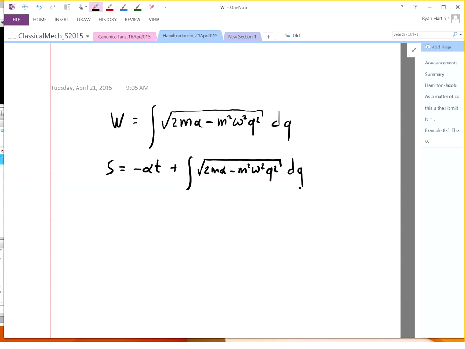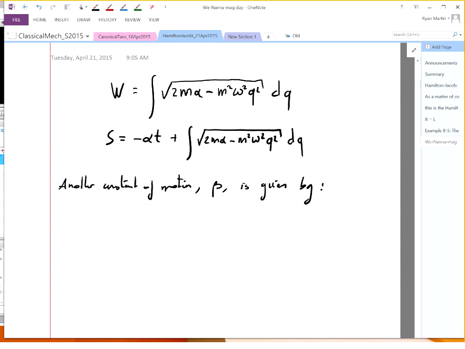So the other constant that we need, because remember there's another constant of motion, beta. Beta is like the capital Q, right? So beta was given by dS by d alpha, where alpha was like the capital P. I think I said it the other way around.